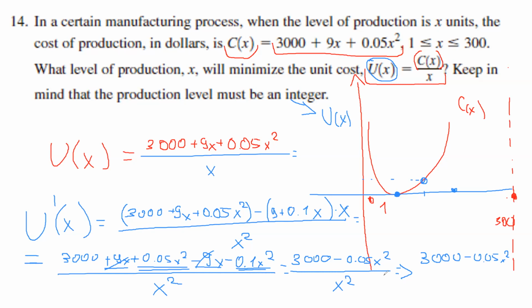Sorry, can you say it once again? So if you set 3000 subtract 0.05x squared equal to 0, you could bring over the 0.05x squared to the left side, divide 3000 by 0.05, and then you have x squared equals some number, and you square root it to find what x equals.